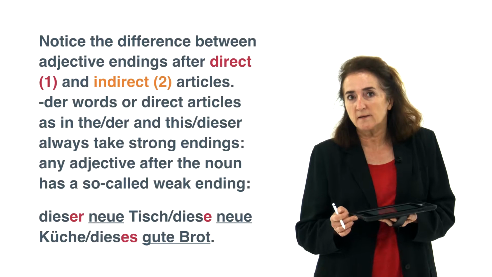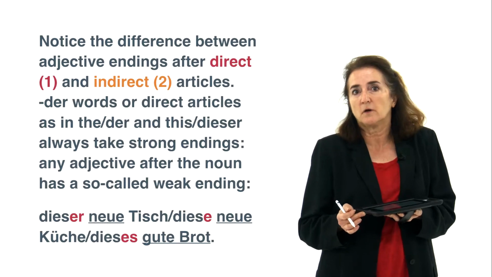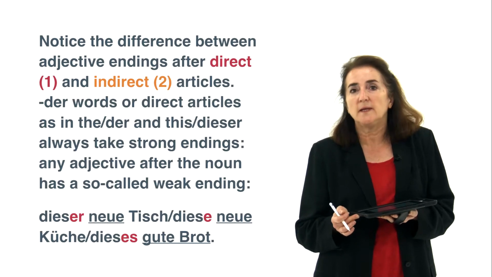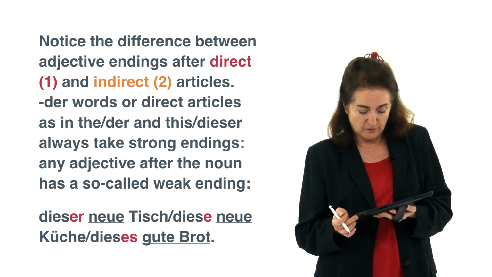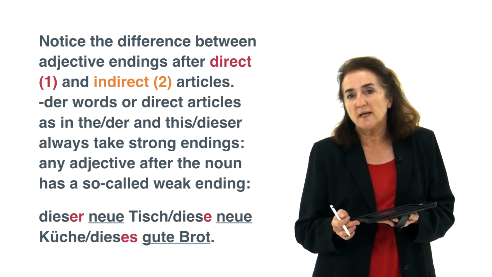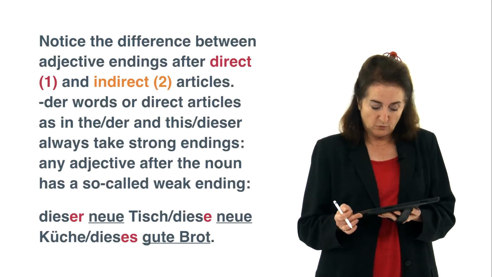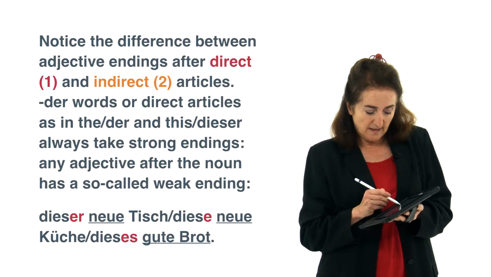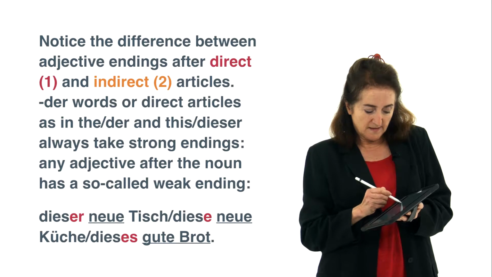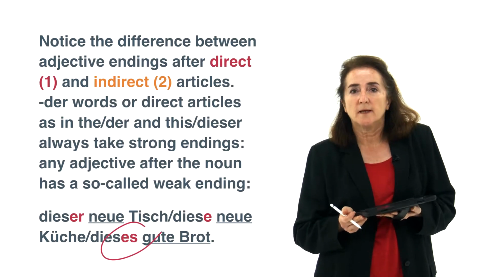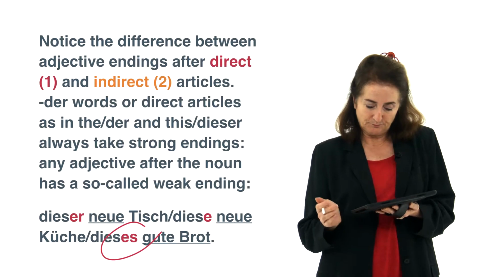Notice the endings: dieser, er, for der Tisch, masculine; die Küche, so you have the e ending on the demonstrative article diese, that new kitchen; and dieses gute Brot, Brot is das Brot, bread, so you have the es ending on dieses to say, right, it's neuter and it's nominative.